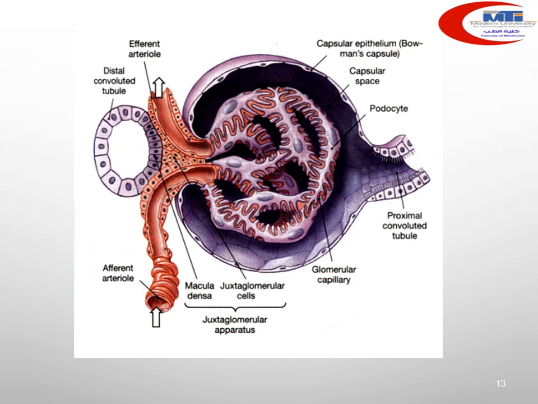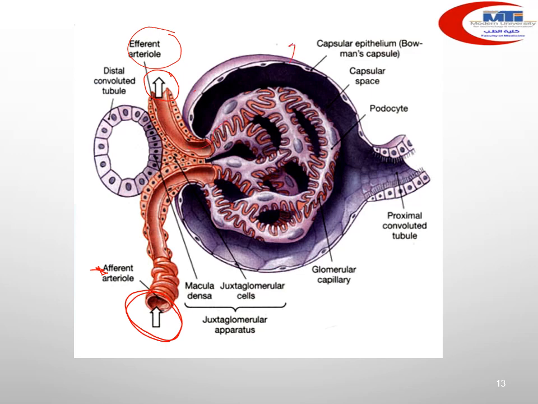Here again, as you can see in this slide, the blood vessel through which the blood enters is called the afferent arteriole, and the blood vessel from which the blood exits is called the efferent arteriole. You have lots of capillaries in between.